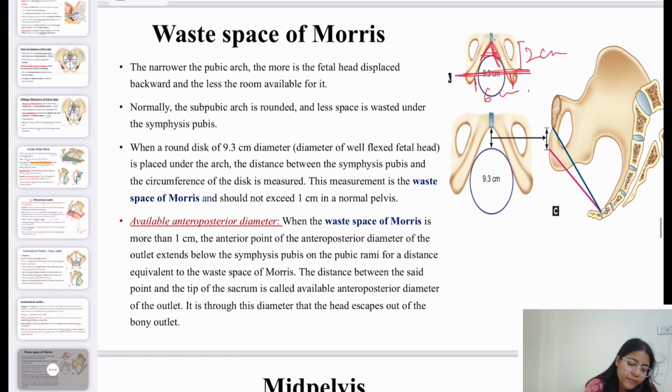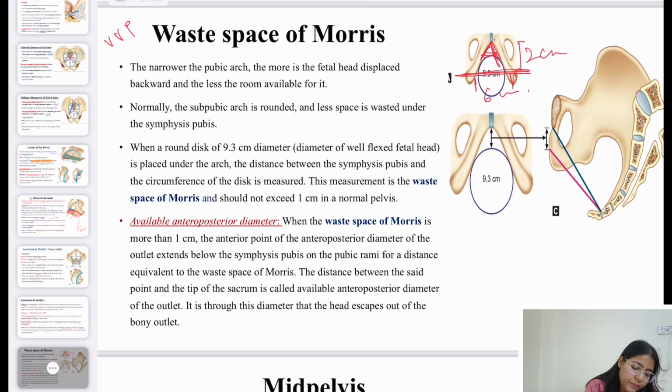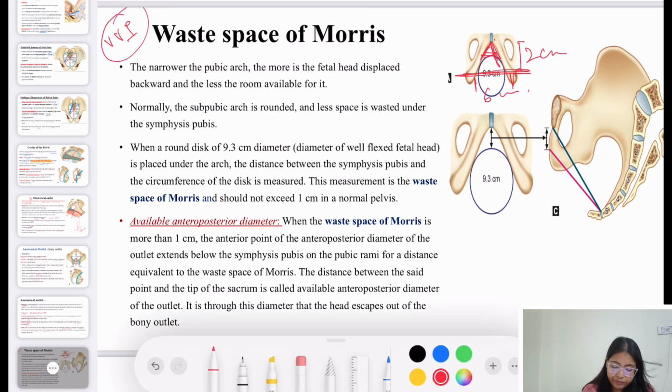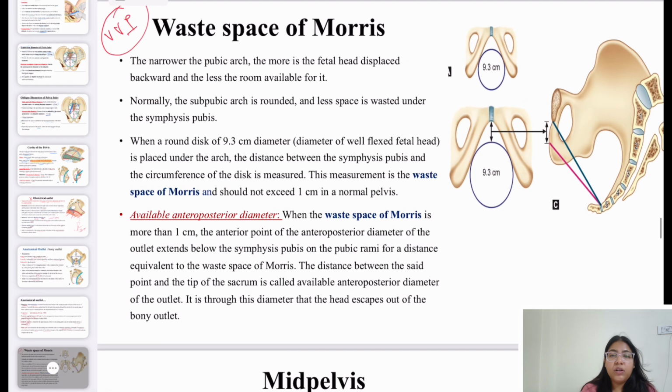Now again, a very important topic: the waste space of Morris. So what is the waste space of Morris? Just imagine when the fetal head is coming out of the vagina, it is coming through below the pubic arch, and the fetal head is round, if not almost round.